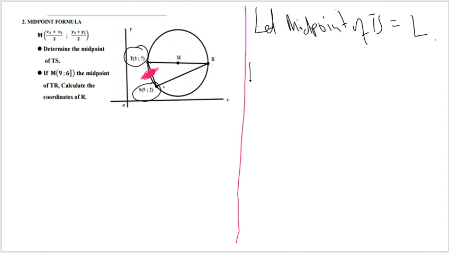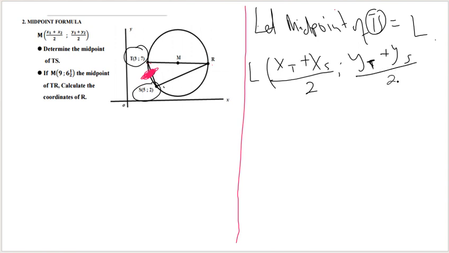So L, the coordinates of L are x. Remember, it's the midpoint of TS, so it's going to be xt plus xs all divided by 2, yt plus ys all divided by 2. Then you close. This is equal to L. So where is xt?